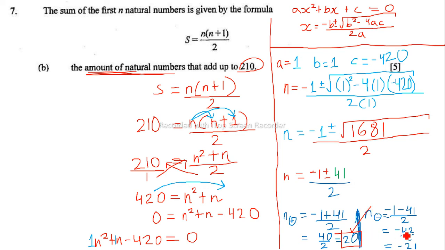The reason we can't use -21 is because n is a natural number, and natural numbers can't be negative. So this solution we have to ignore. The quadratic equation gives us 2 solutions, but we have to choose which one is right. And this one can't be right because it's a negative number, and they ask for a natural number.